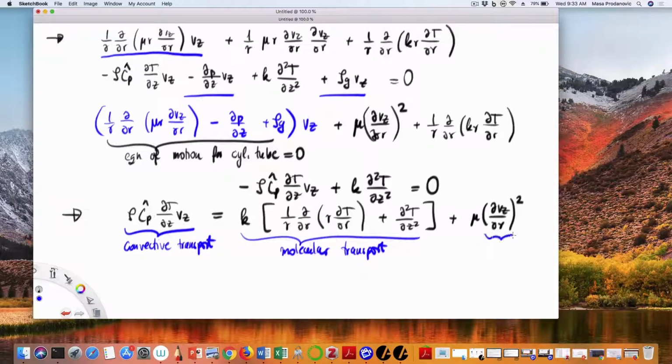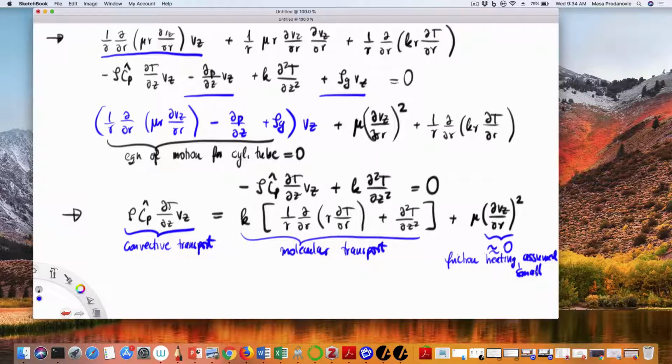And this is often assumed small. And as is, even when I ignore this part, I still cannot solve it analytically.